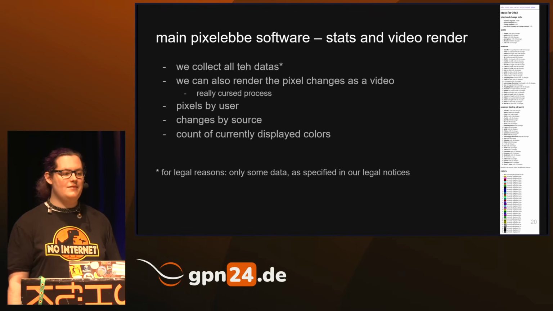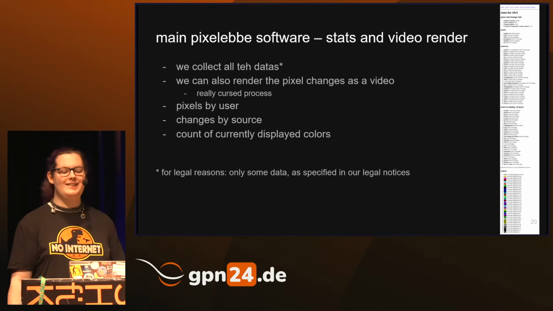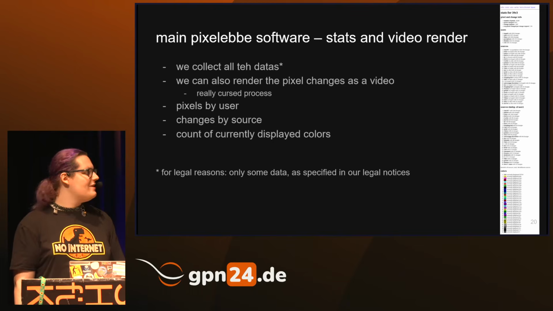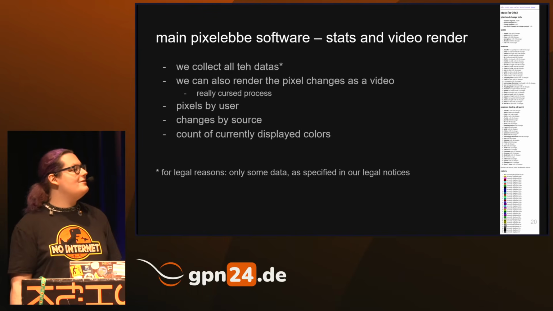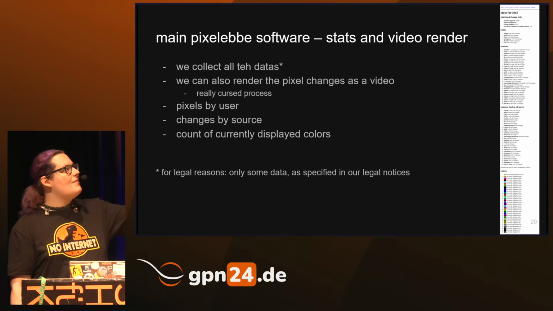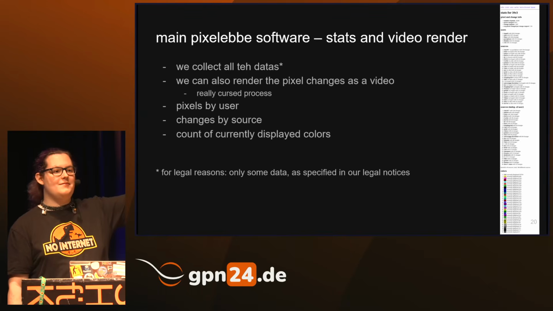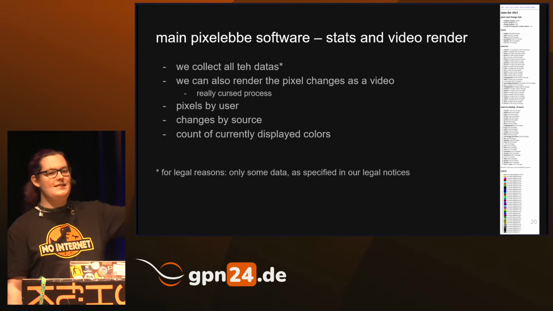So if somebody writes a bot that calls 100 times at the same time, we can shadow ban them maybe or talk to them kindly. Or unkindly. Every single thing that you see on that site, I know you can't read that. We have the total number of pixels set, the total number of updates, who sent us a pixel, who entered it into the system, and the source independent of the user.